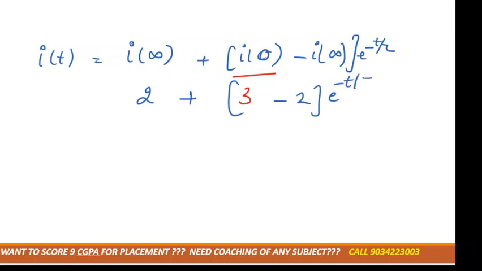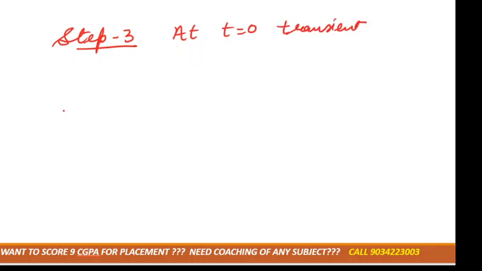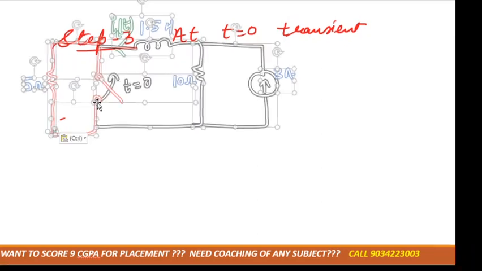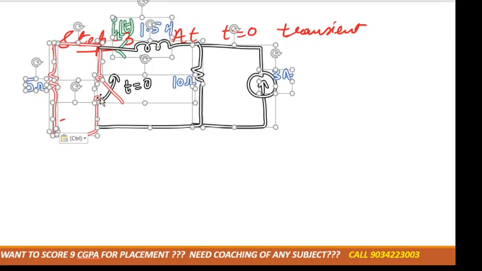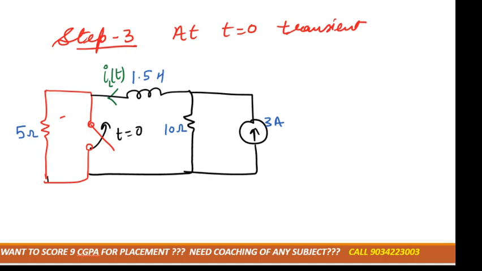Now what is left? Tau. So step number 3, what was the step number 3? We have to calculate, that was the transient condition, right? Now for R equivalent at t equal to 0, switch is opened or closed?